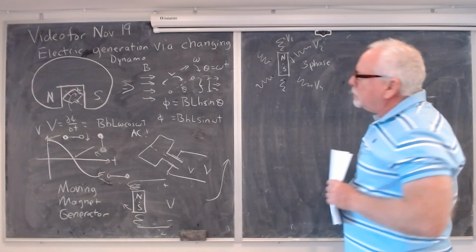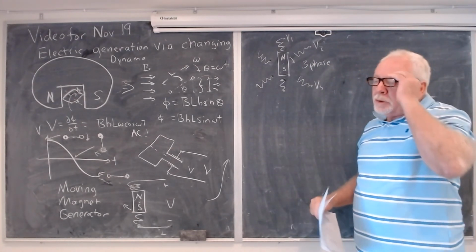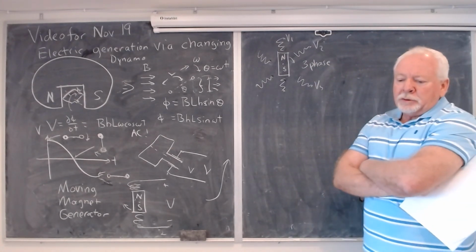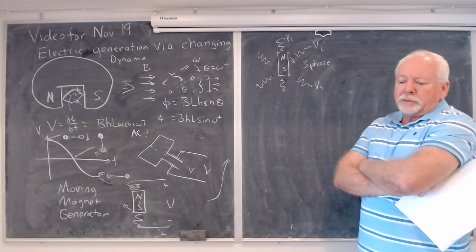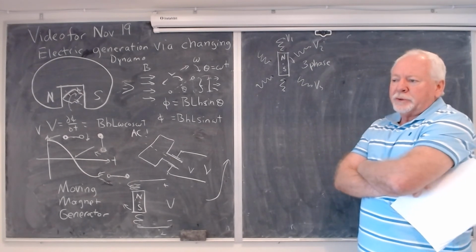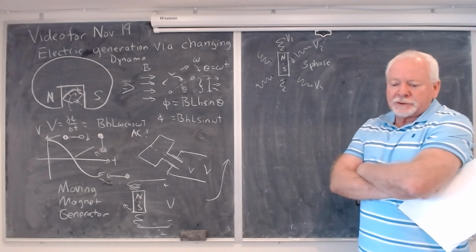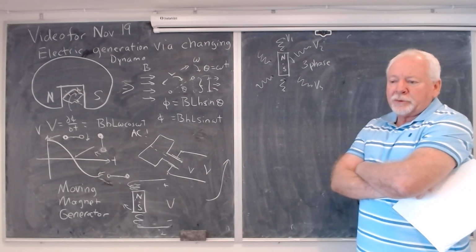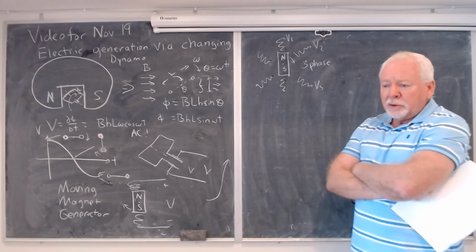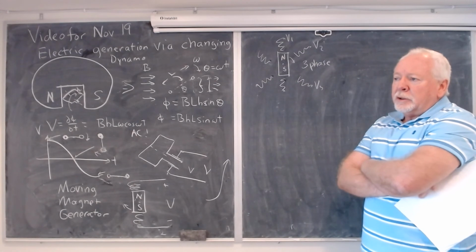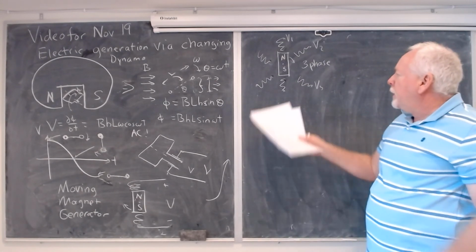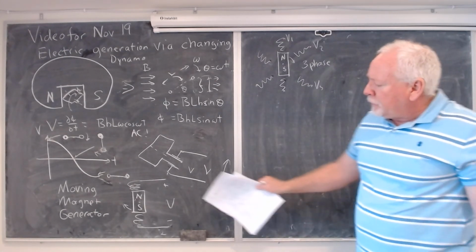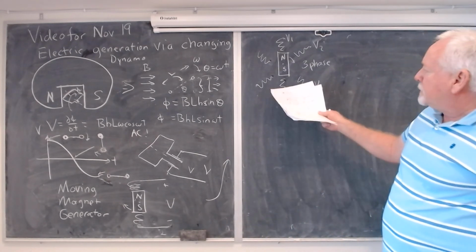Now, why three phases? Why three? It does turn out, because of the relationships of sine and so on, that three is a special number here, mathematically. It's a natural number to fill in the space, and you almost see that by the schematic.